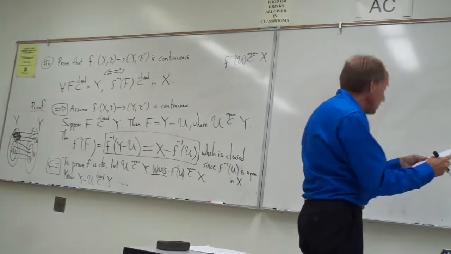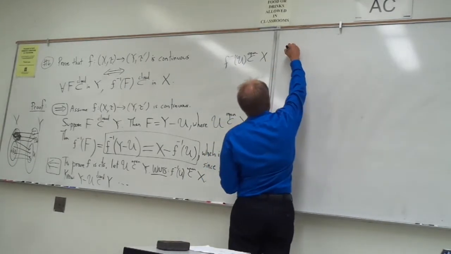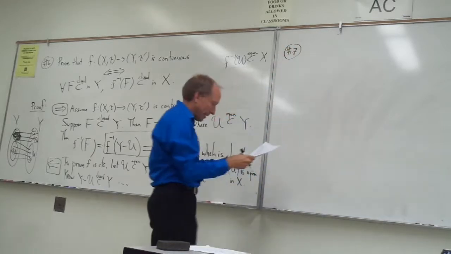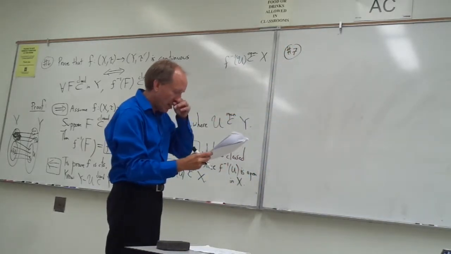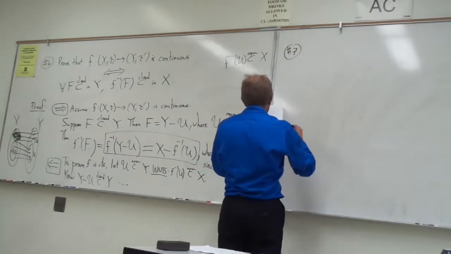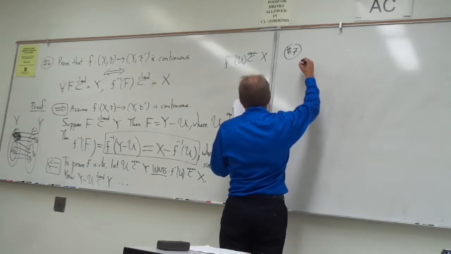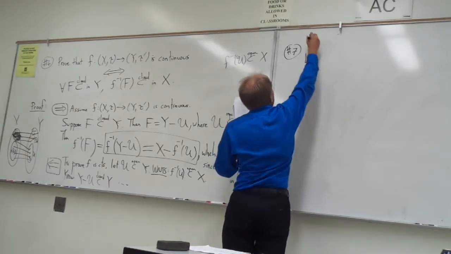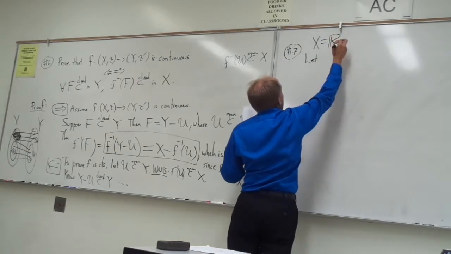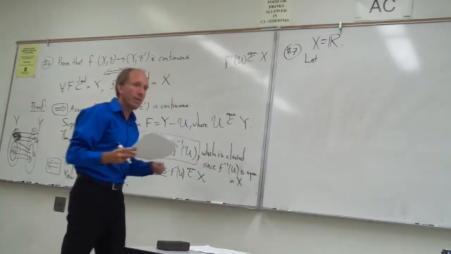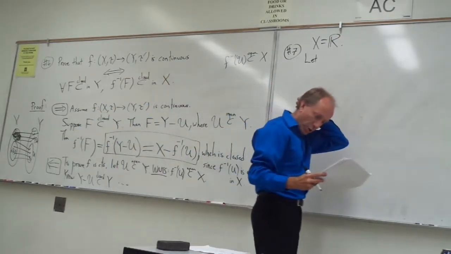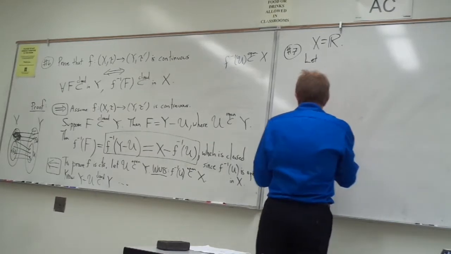Okay, so this is number 7, last example. So X is equal to R. I just found this problem today in another book, and I thought, oh, this is a nice problem.